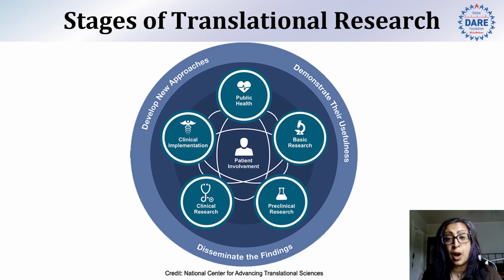If those results are promising, the process moves into clinical research, where treatments are tested in humans. Once shown to be effective, these therapies move into clinical implementation, becoming part of routine patient care, while public health research, the next stage, looks at the broader impact on different communities. Importantly, patient involvement is central throughout this entire process, helping to ensure that research stays focused on meaningful outcomes.